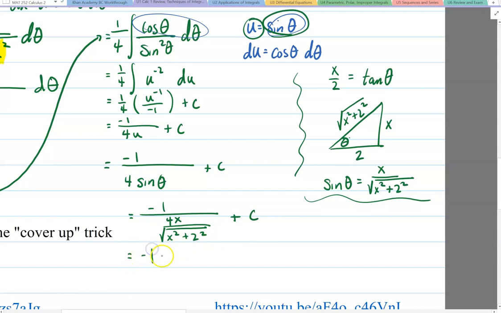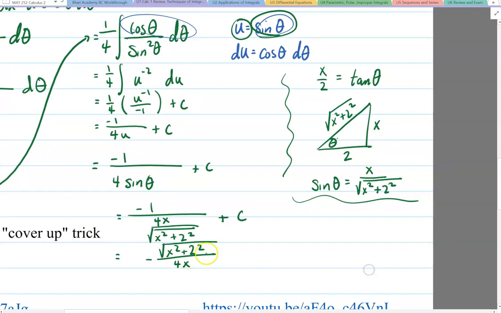So we could take negative 1 and multiply by the square root of x squared plus 2 squared over 4x. And with this negative 1 multiplier, we don't really need to show the 1 perhaps, and so we can just write this as a negative sign in front of this fraction plus c, and that might be a nicer way to report our final answer.